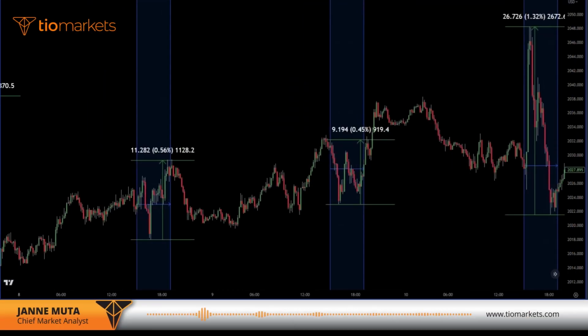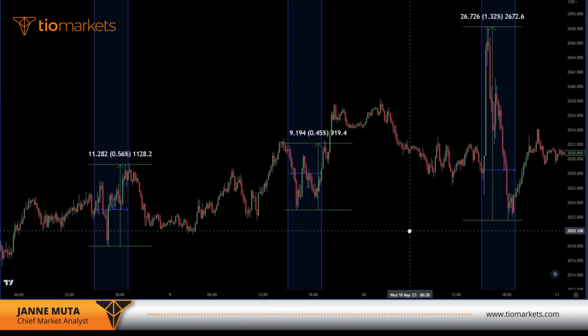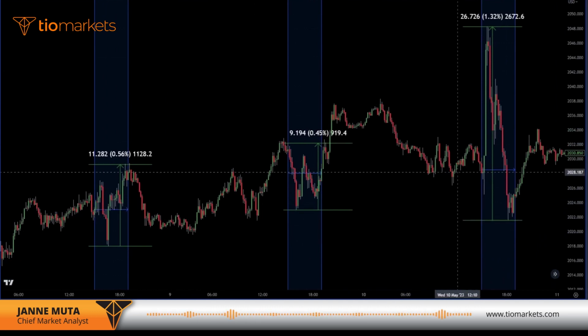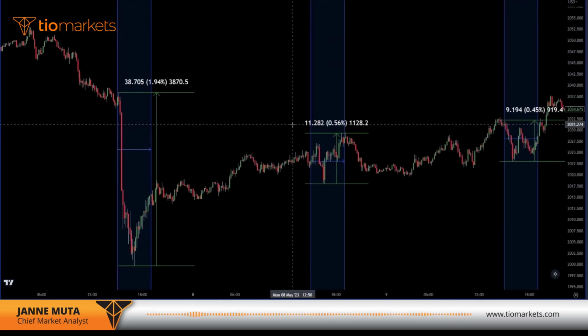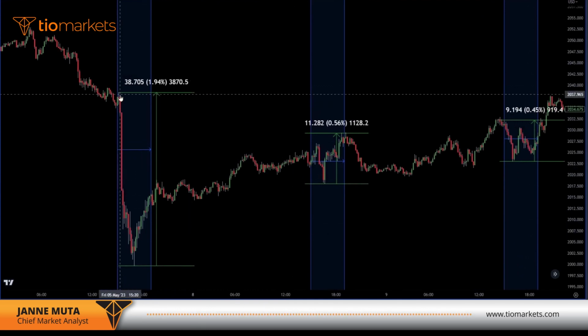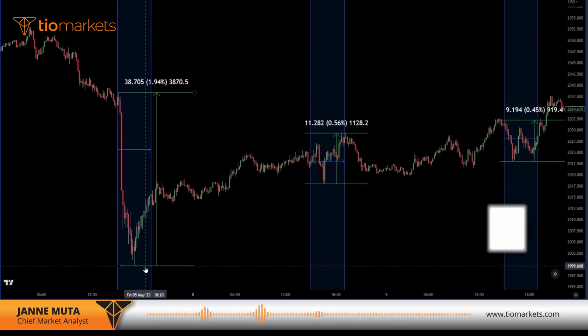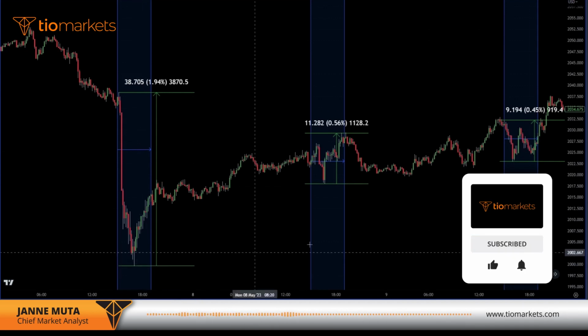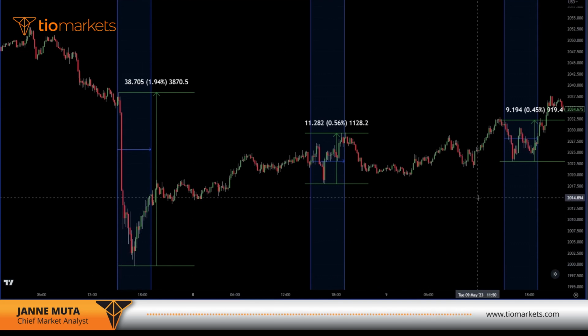As you can see, sometimes these moves are smaller, like $11 or $10, but if you concentrate your trading efforts during these overlap periods, sometimes the full potential is around $26 or sometimes even $38. And we never need to catch all of the move, and most of us will never do that. If we catch some of the move, it's more than enough.